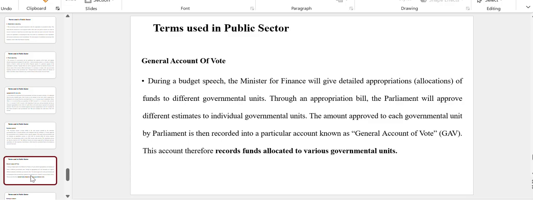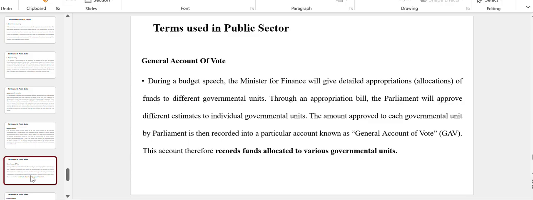Okay? Then, after reading this budget, the members of parliament will go through these estimates and approve. They can approve, they can reject it, they can propose amendments.